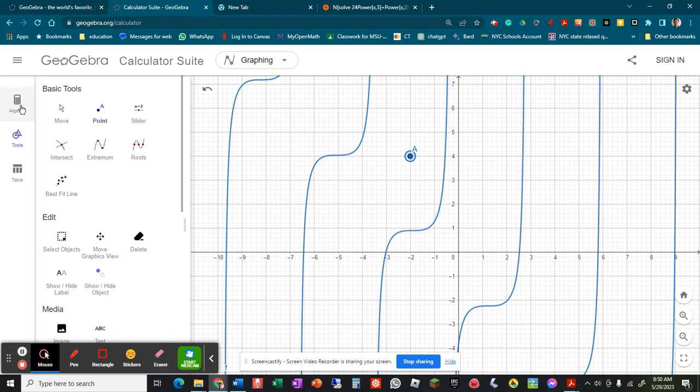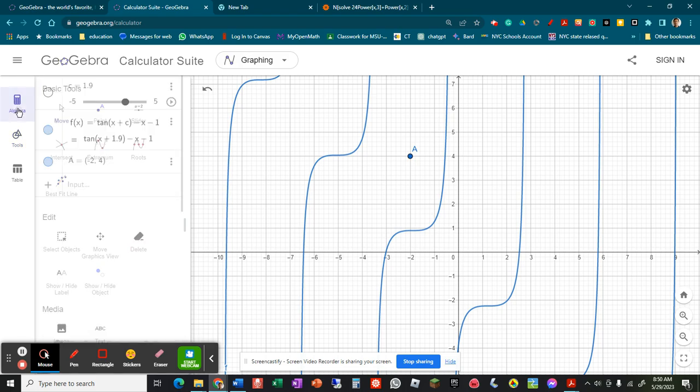So let's look at the initial condition. This initial condition means when x is negative 2, y is 4. So that's y of negative 2 equal to 4. For that initial condition, what will be my solution? It is not in the question, I'm creating this.